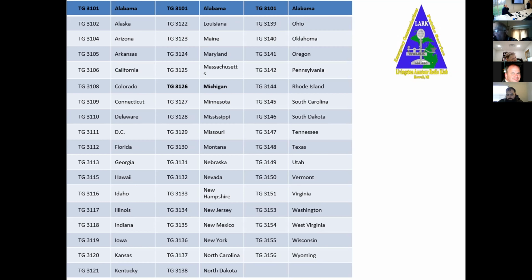Well, when that happened, they actually split the state. They said, hey, we need a statewide 1 and a statewide 2 group. So 3126-1 became statewide 1. 31262 became statewide 2. Okay.